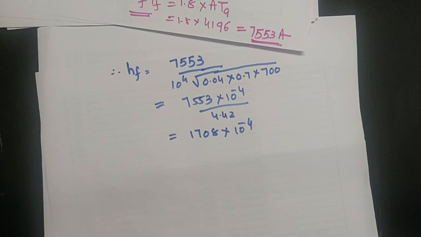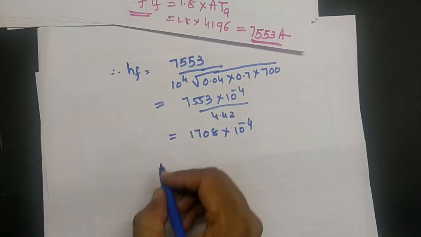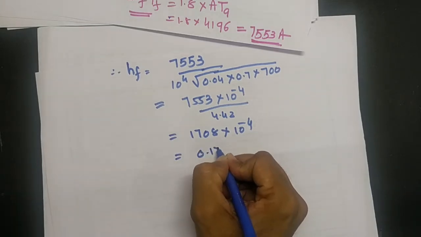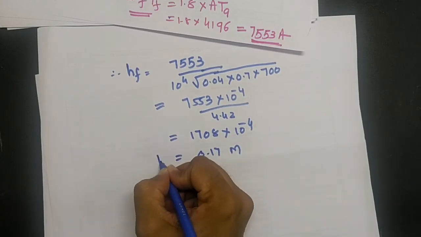So ultimately, if we divide by 10 raised to minus 4, it comes to 0.17. So it comes to 0.17 meter HF.